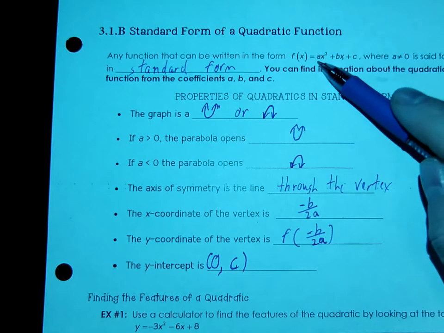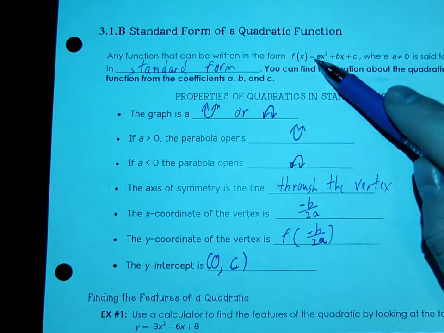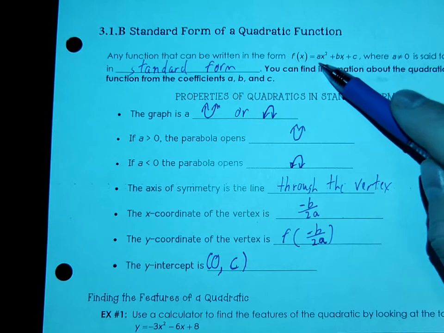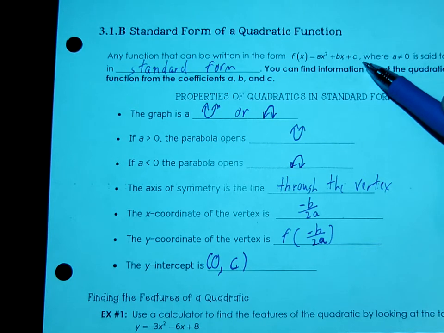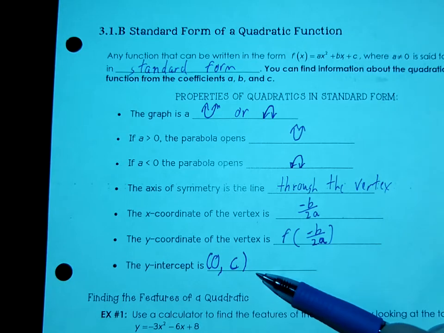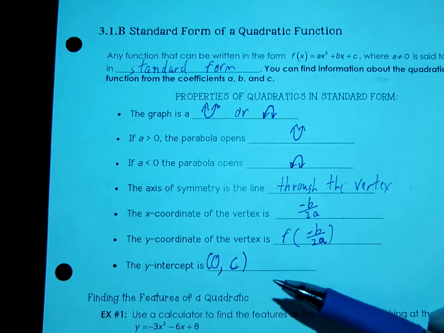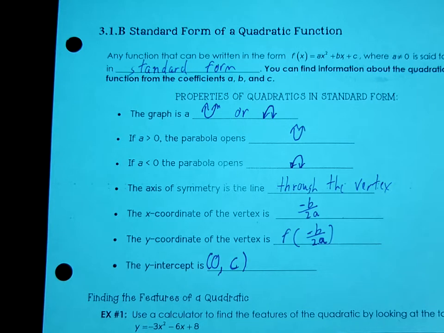Because it's already multiplied out, we can find the x-intercepts more easily here if this is factorable. Even if it's not factorable, we can use the quadratic formula to find the x-intercepts. So those are the two main uses of the standard form of a quadratic equation: the y-intercept, just one, and then the x-intercepts.